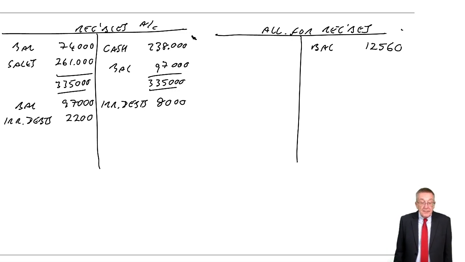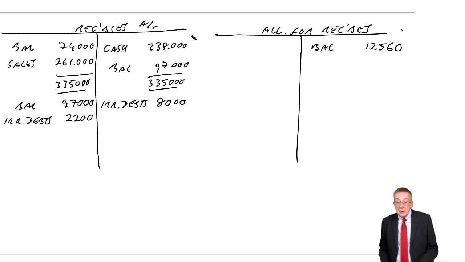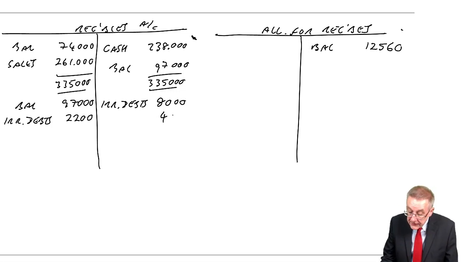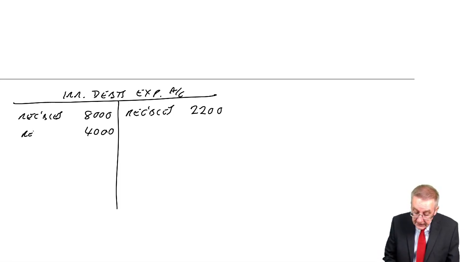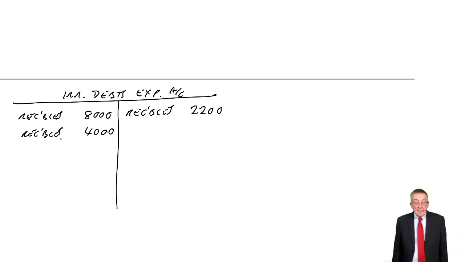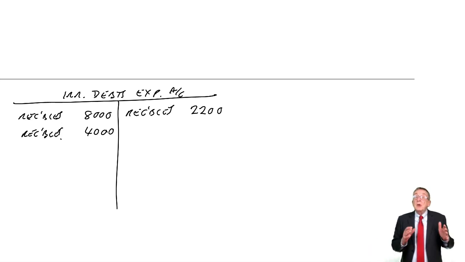Carry on. C, we've dealt with that a minute ago, no problem. D, Ringo. He's a new one, but he owes us 4,000, is irrecoverable. Well, again, credit receivables, debit irrecoverable debts expense. Whenever there's an irrecoverable, credit receivables, debit the expense account. Mick is owing 6,000 and he's doubtful, so shortly that involves an allowance, but we'll leave the amount owing.